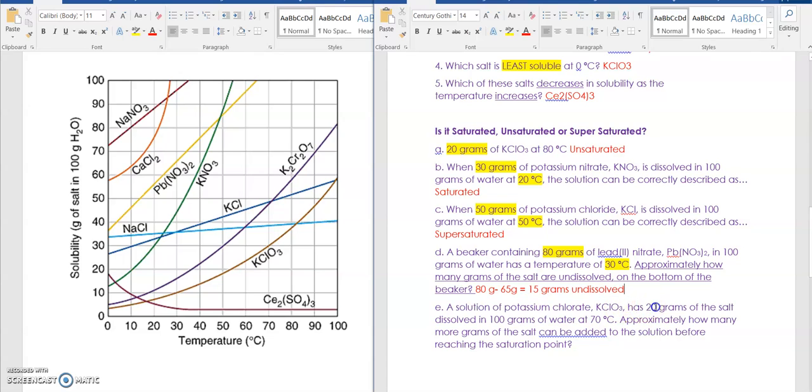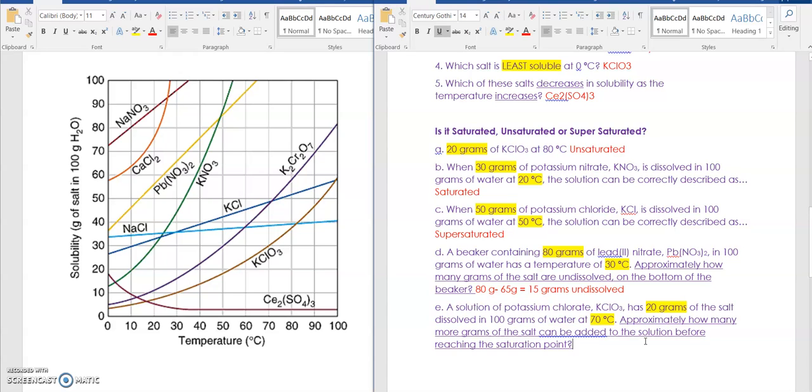It tells me that 20 grams have been put in. It tells me what temperature they're being dissolved at. But again, this question is not asking, is this saturated, supersaturated, or unsaturated? This question is asking, how much more could be added? How much more can I add to the solution before it becomes saturated?